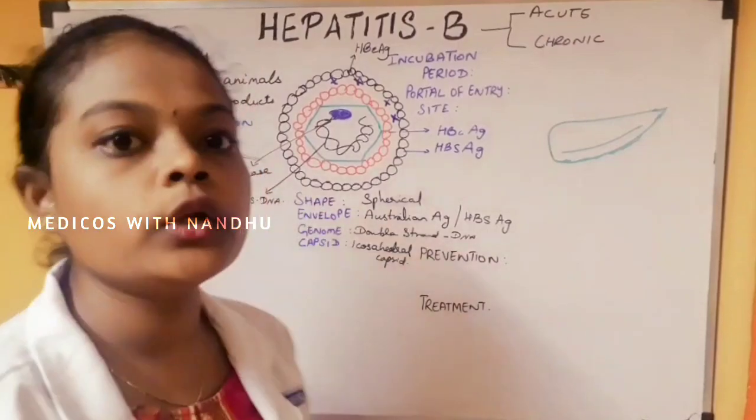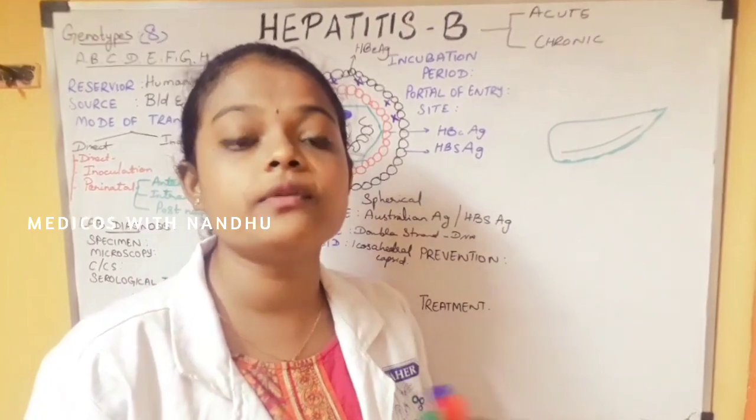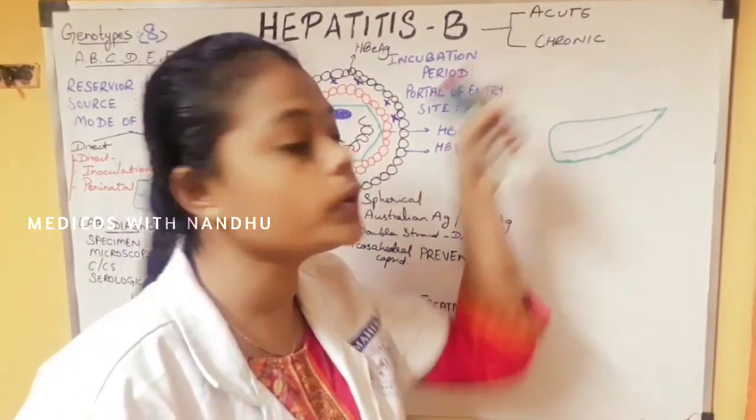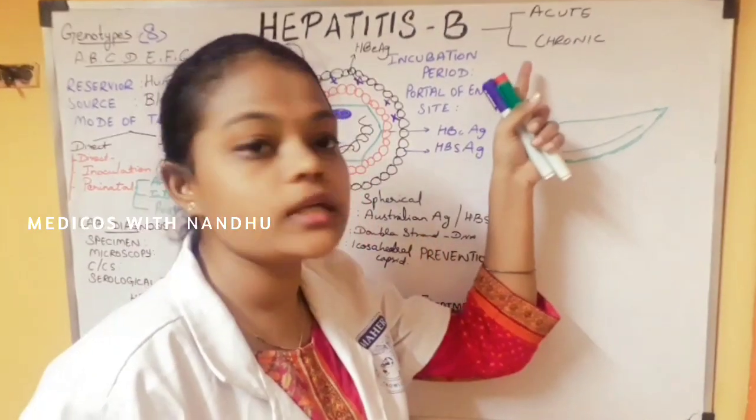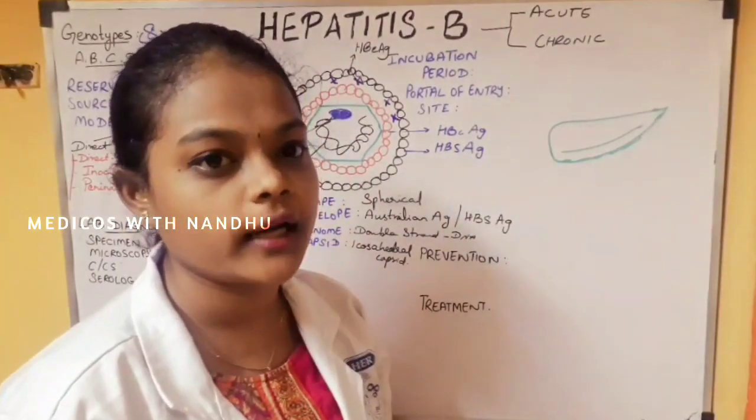As I told in hepatitis A, the virus will be transmitted and spread through the blood, and it reaches the liver. So 90% of the cases will completely recover in acute hepatitis, but in case of chronic hepatitis, what happens?